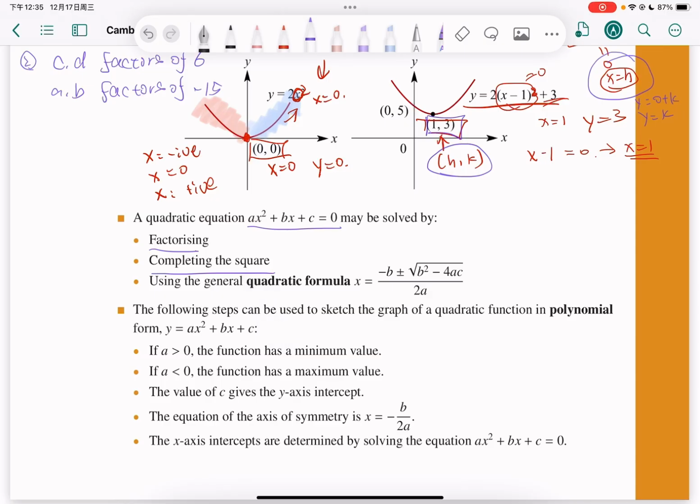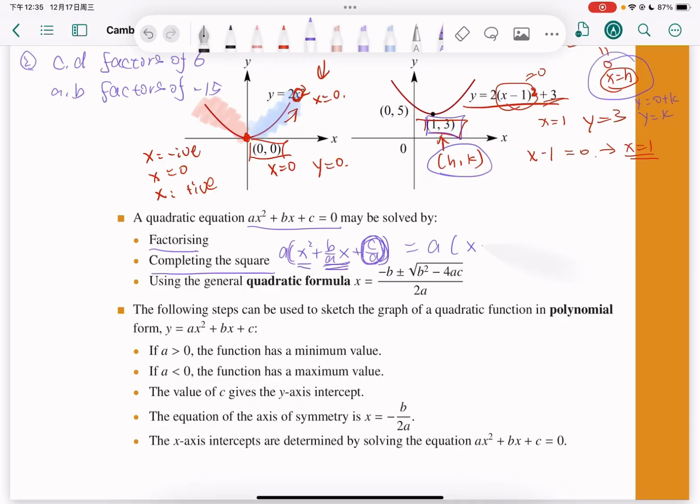Completing the square means we want to take the a out, and depending on this x squared and this middle term, we need to find a part of the c over a to make the thing inside the bracket become a square.